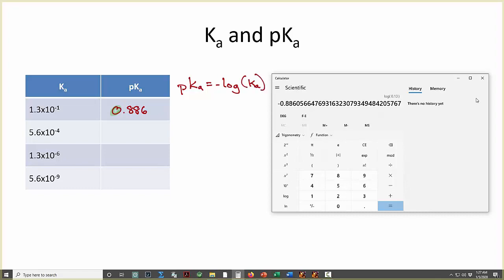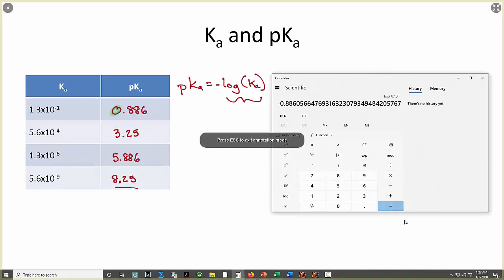So the log of the Ka was minus 0.886, and then when you take the negative of that, that gives you your pKa. So let me very quickly pause my recording, and I will write the rest of the values in so you can see them.